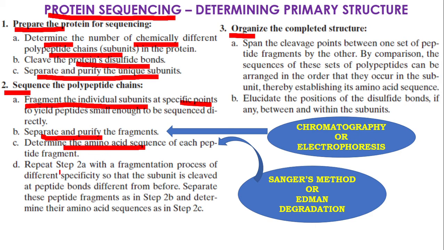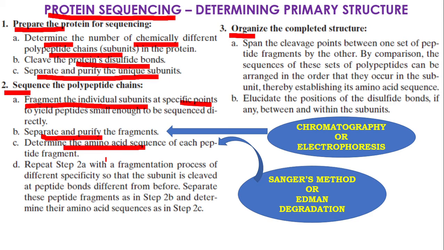Repeat step 2a with fragmentation of a different specificity. We are fragmenting with an enzyme. Say we are using a protease enzyme to fragment it, and we get a few fragments, and we identify them. The same protein preparation is again fragmented using a different method.